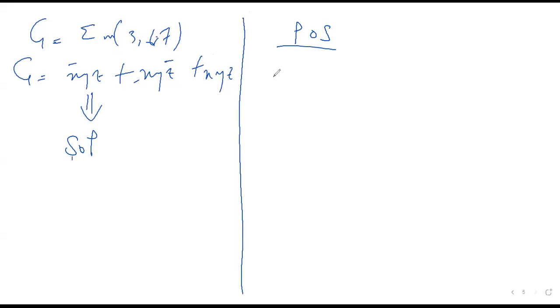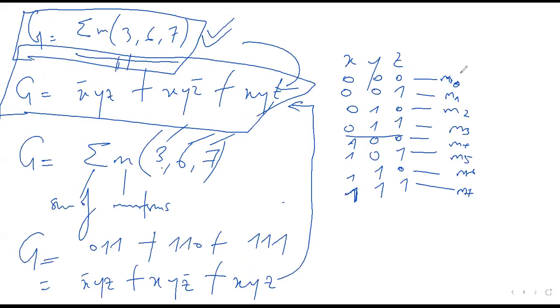I'll start with the expression G is equal to the product, that is the symbol, of max terms. What max terms? We now have 0, 1, 2, 4, 5. Where are these numbers coming from? These numbers are coming from here.